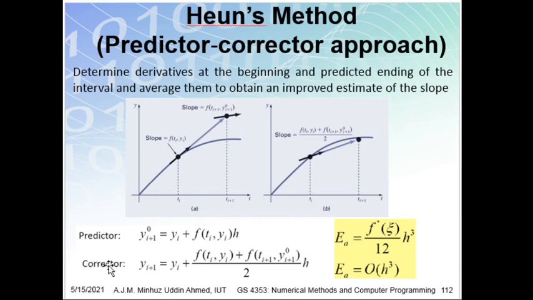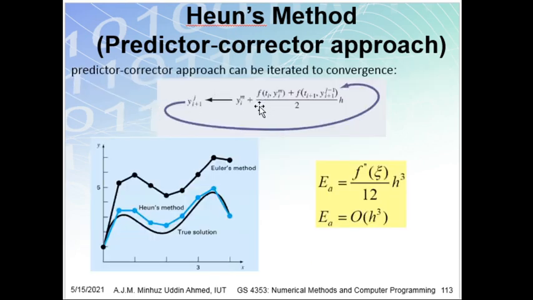Now I will be correcting my prediction using this average value of these two slopes, and all other things will be similar. Just forget about this thing, I'm not going to discuss this, and this will not be required, I hope. This corrector is called Heun's method, and that is the iteration we can use for computer programming. So you will easily understand this thing once you are acquainted with the method.